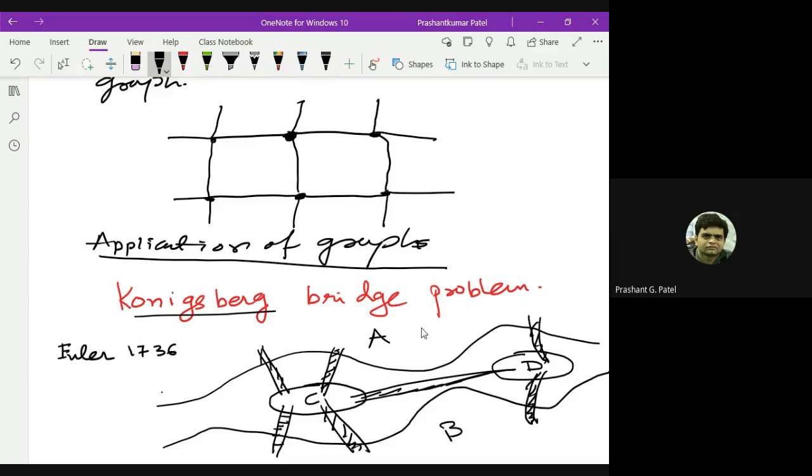He wrote a research paper on graph theory, and that result is known as the origin of graph theory.